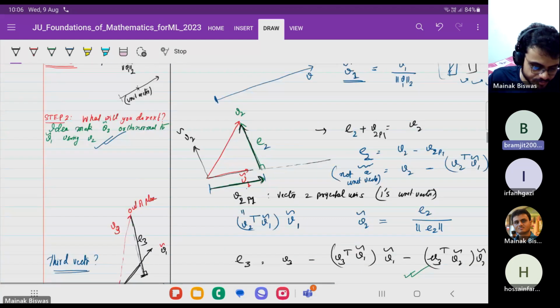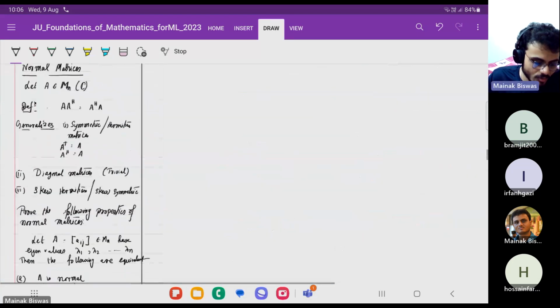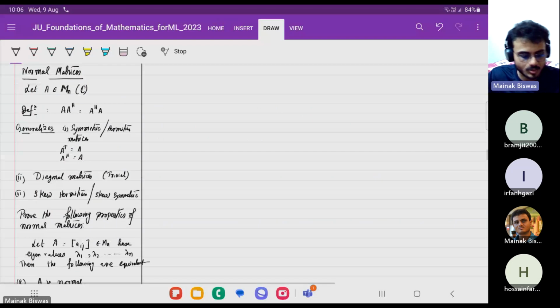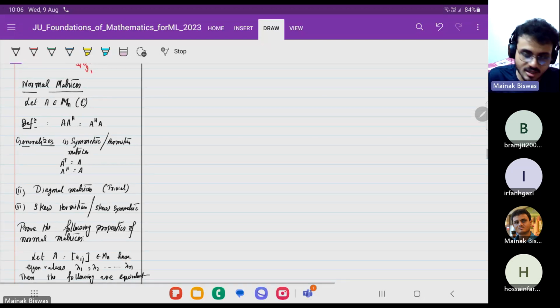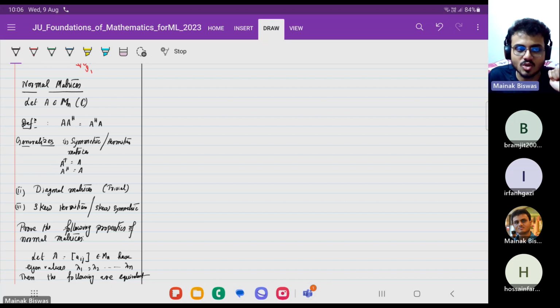Okay. That's clear. So now we are almost at the position where we'll be trying to do some machine learning applications of linear algebra. Before that, we need to understand one thing, which is called normal matrices. So what are normal matrices? You must have heard for a long time that symmetric matrices are very useful, right?